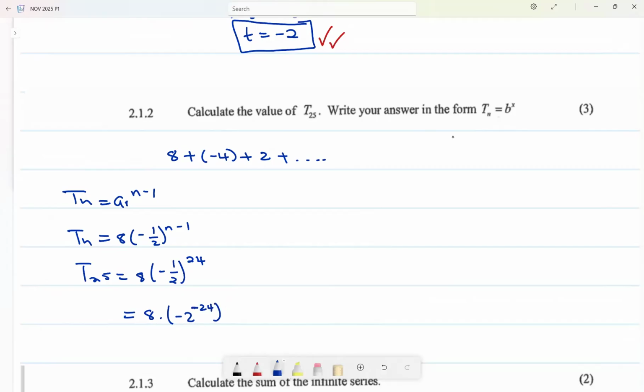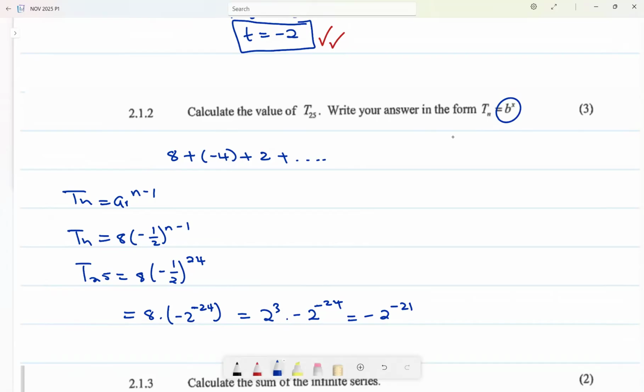Then 2 to the power of 3 multiplied by -2 to the power of -24. But the bases are not necessarily the same. They want it in the form b to the power of n, so I'm not sure if it's going to be -2, then 3 plus -24, which is -21.